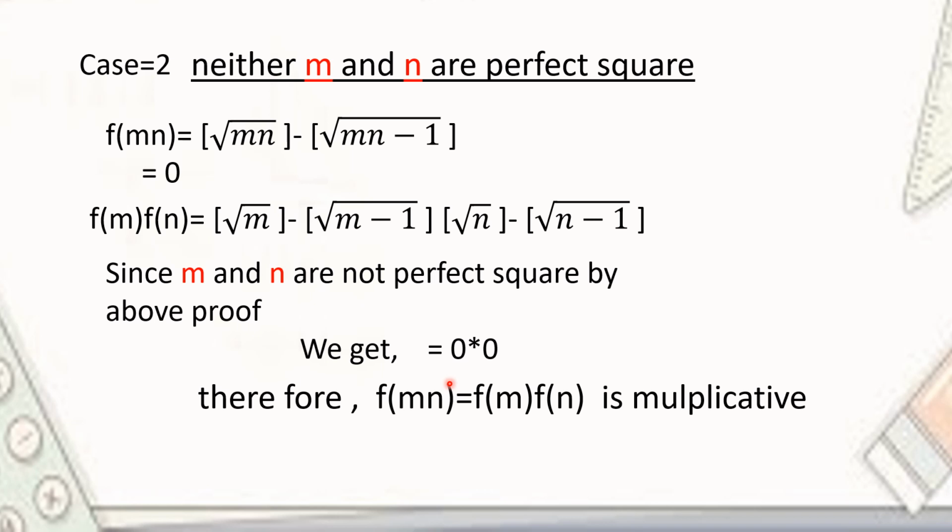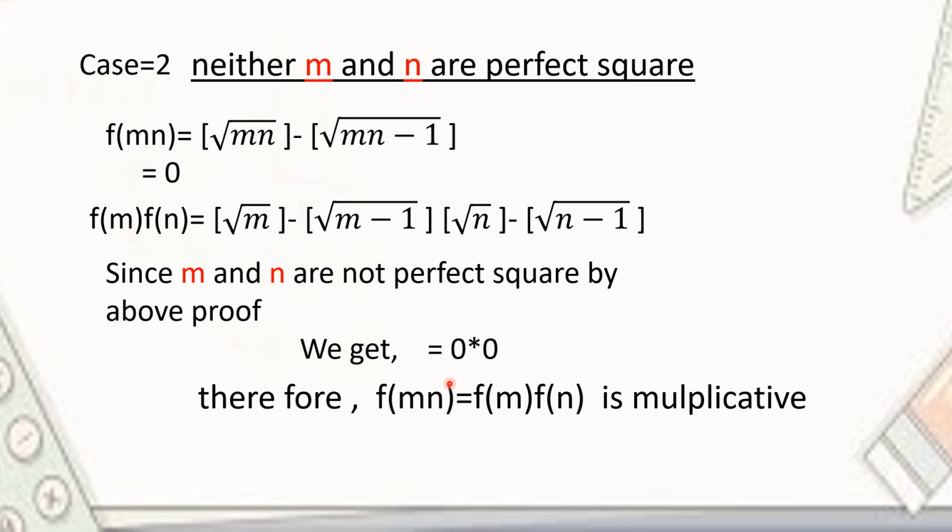The given function is a multiplicative function by case 1 and case 2: if m and n are perfect squares and if m and n are not perfect squares, in both cases we can prove that f of n is a multiplicative function.